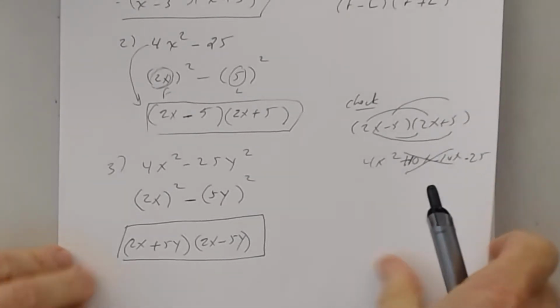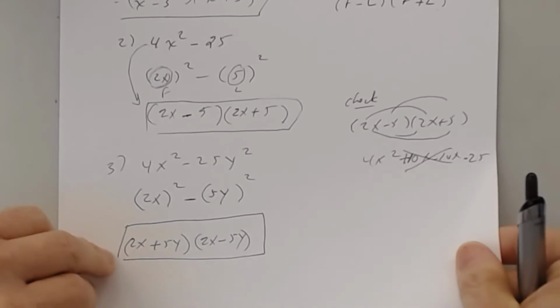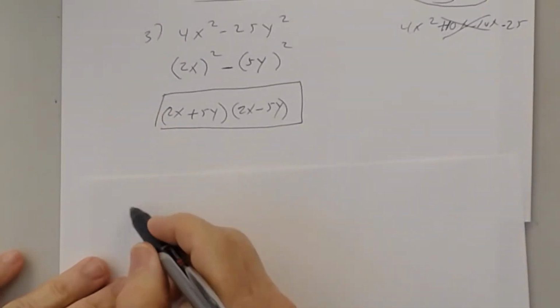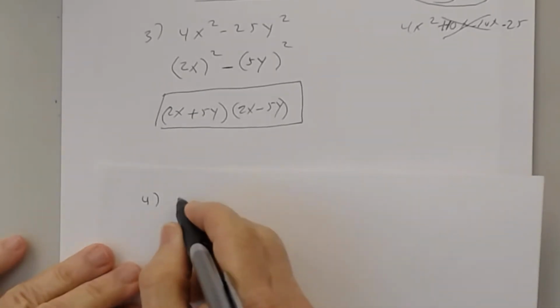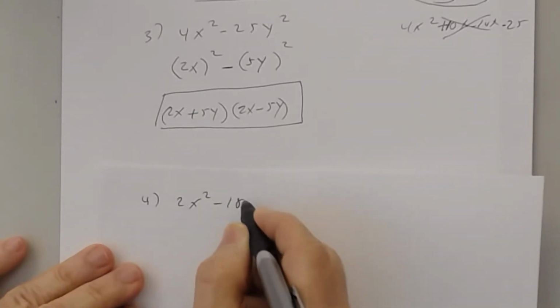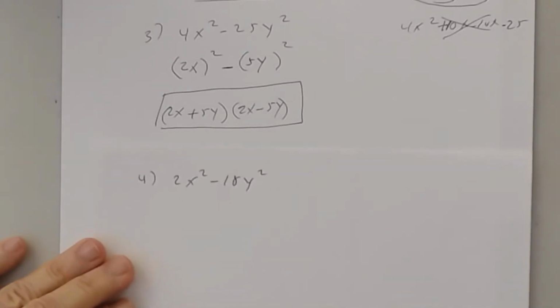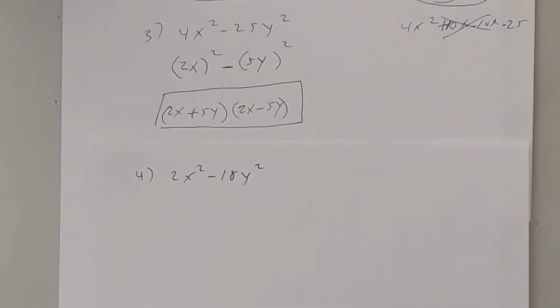Number 4, what if you had 2x squared minus 18y squared? All right, so first of all, remember, always look for what? GCF. And even if you didn't factor out the GCF, you knew something was wrong, because what times itself is 2x squared?